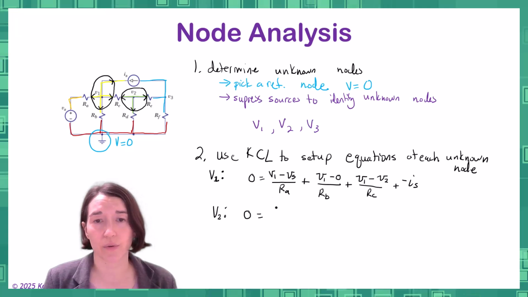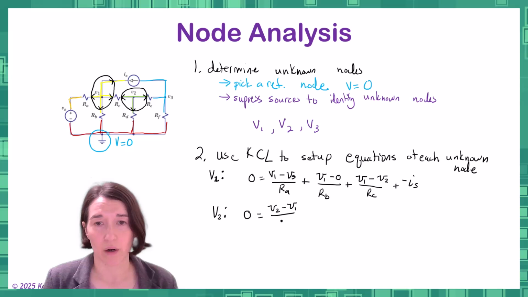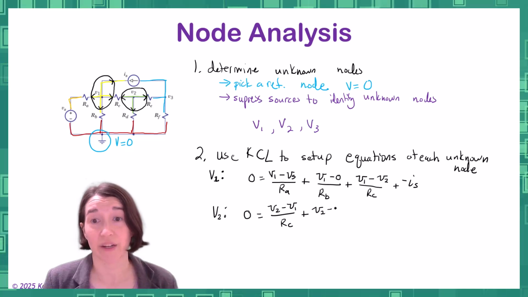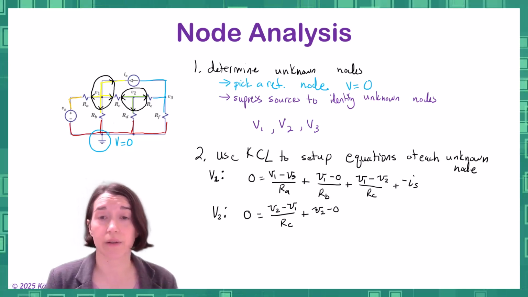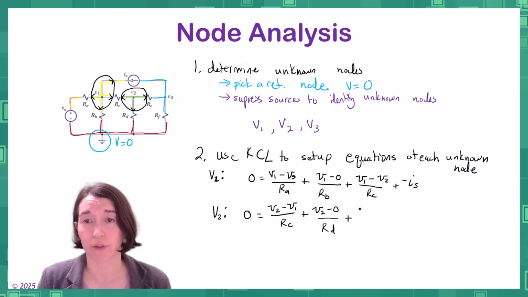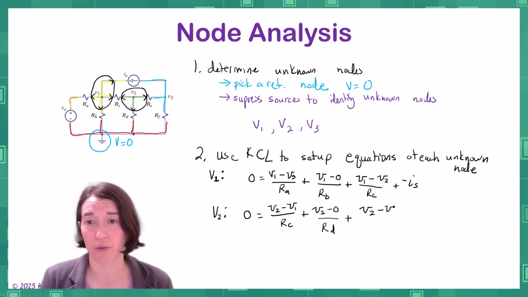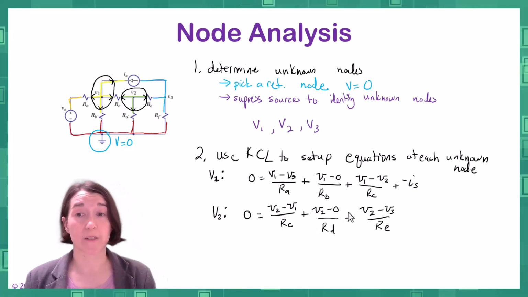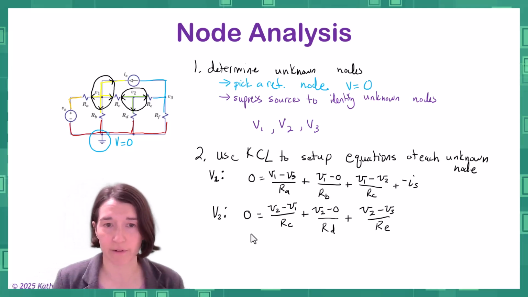So we're going to have V2 minus V1 over Rc. The next one, V2 minus 0, because it's going down, over Rd. And then plus V2 minus V3 divided by Re. And that's the equation. We're going to go to the next one, then I'm going to point out a few things here.